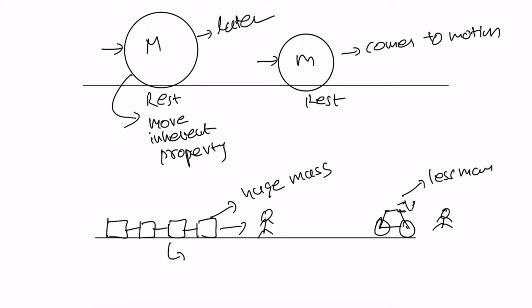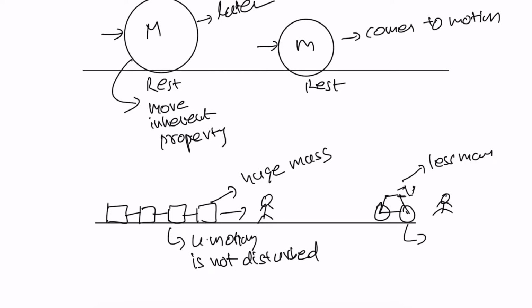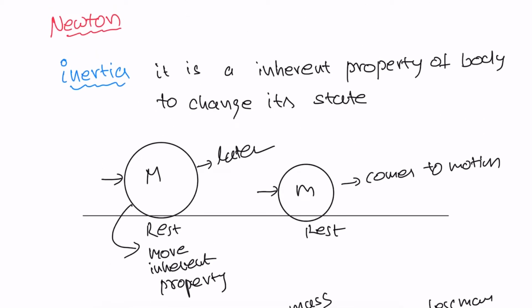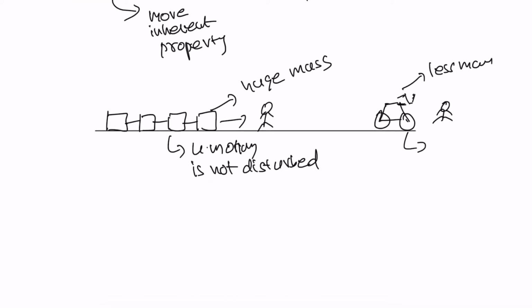So the train's uniform motion is not disturbed. But the cycle is disturbed because it has less mass, so less inherent property. This inherent property is called inertia. Indirectly, inertia measures the mass.